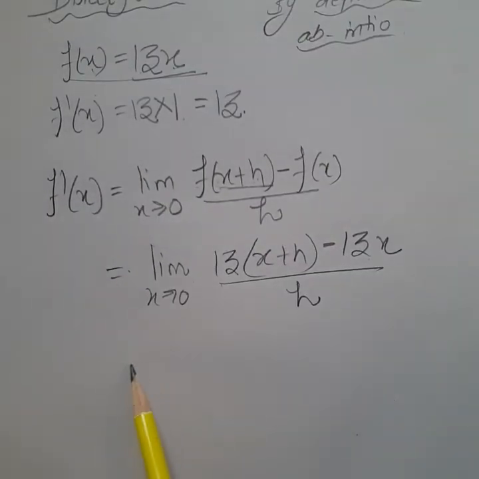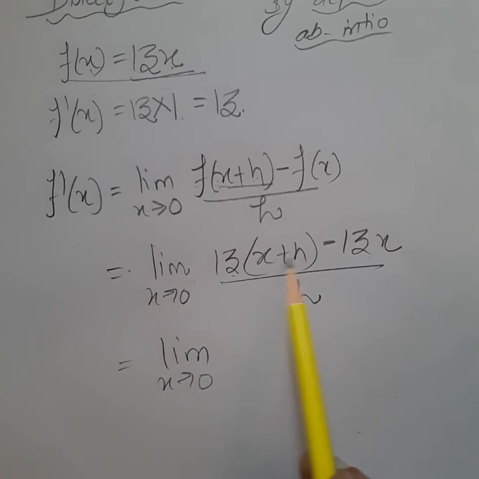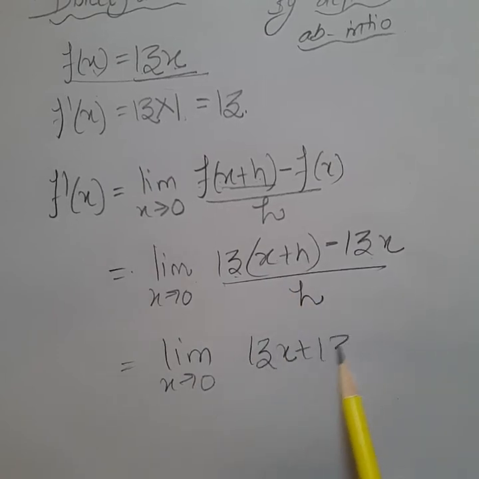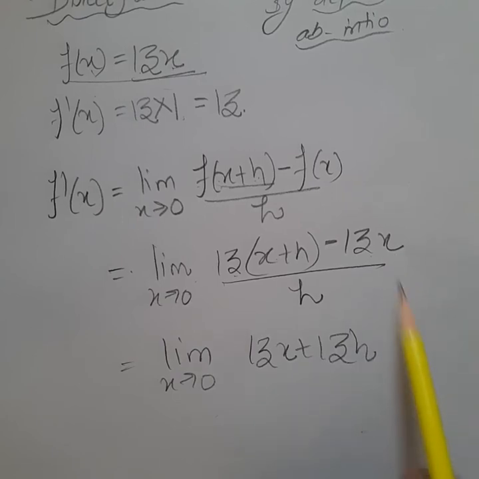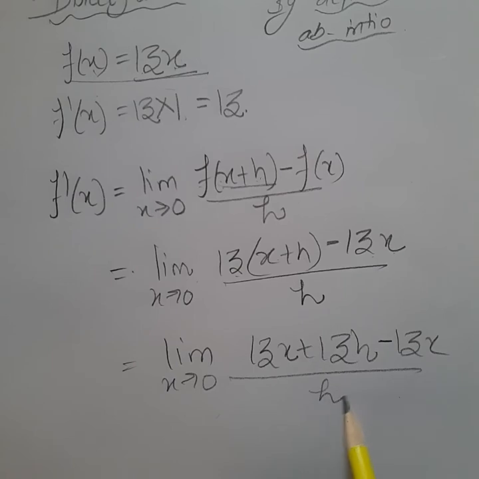And after solving this, you can write limit h tends to 0 and multiply 13 within the brackets. You write here 13x + 13h, and we write minus 13x upon h.